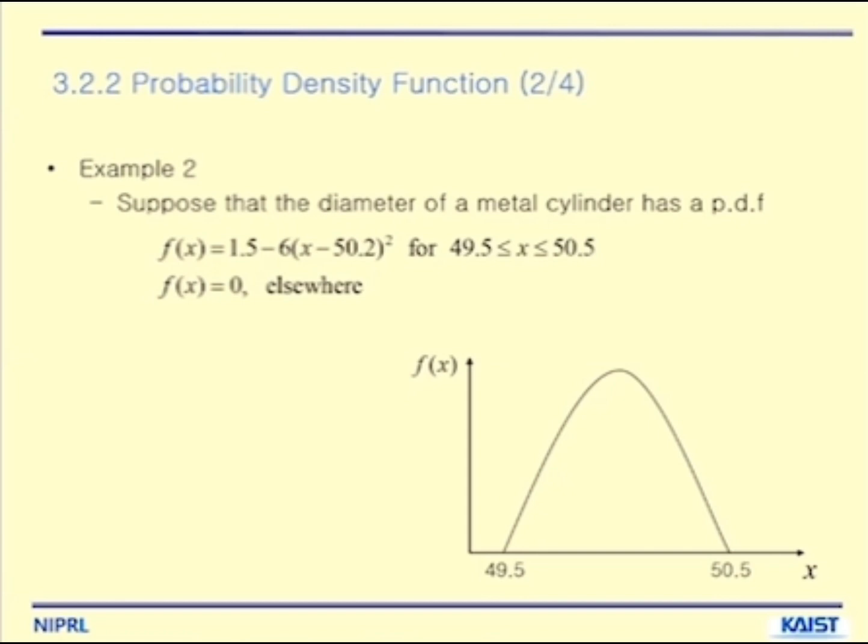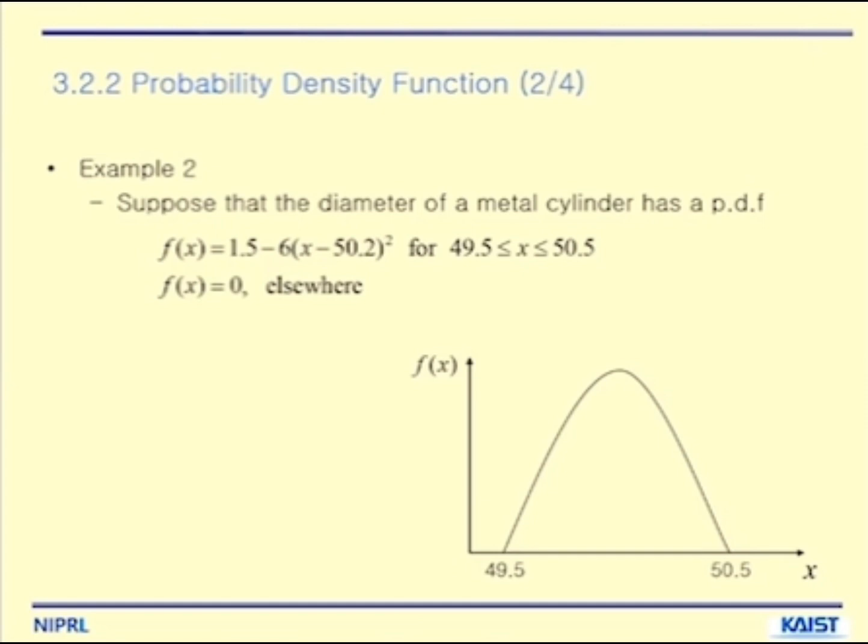Now, f of s equal to 0 means that anything outside the range of 49.5 to 50.5, the function does not exist. Any question? The function only exists if we're talking about the range of 49.5 to 50.5.